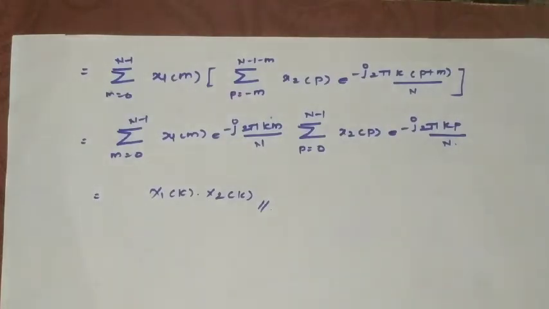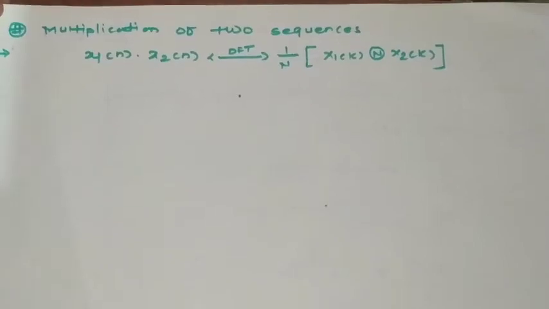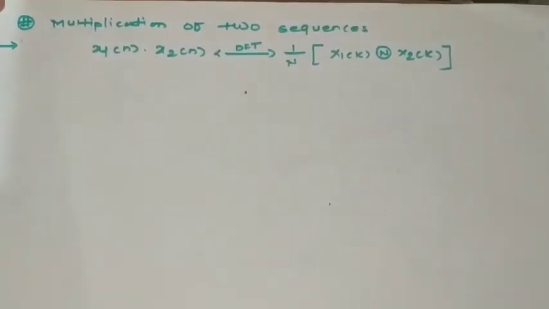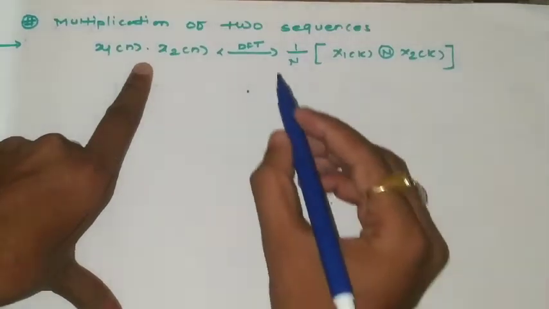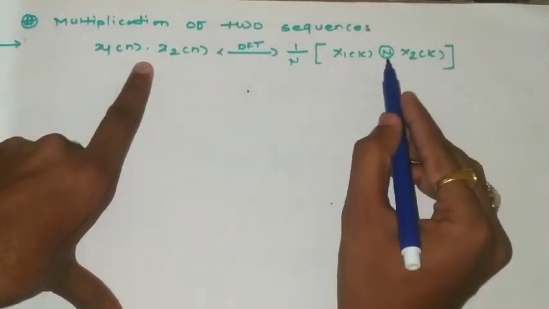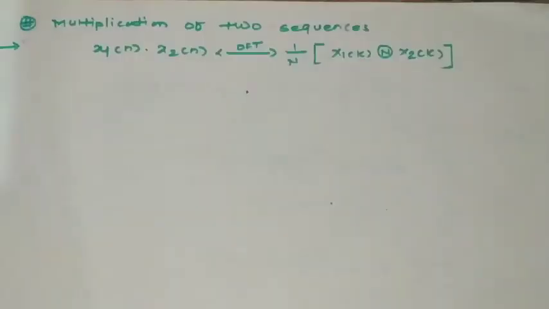Now let us come across the second property, which is multiplication of two sequences in time domain. So as usual, we are multiplying these two sequences, and when I find its DFT, it will be equal to convolution in frequency domain. So in a way we can say that it is going to be a reversal of the convolution property. Now let us see how to prove this property.